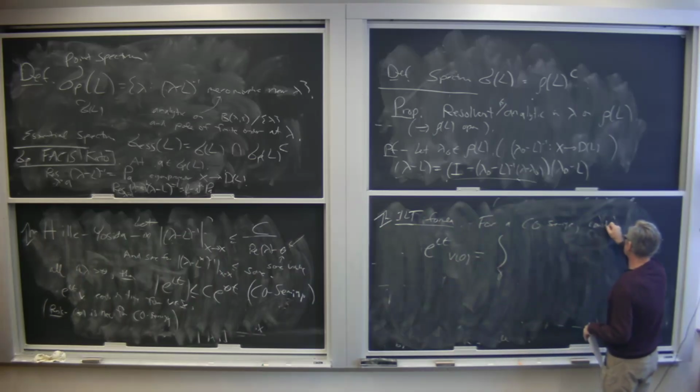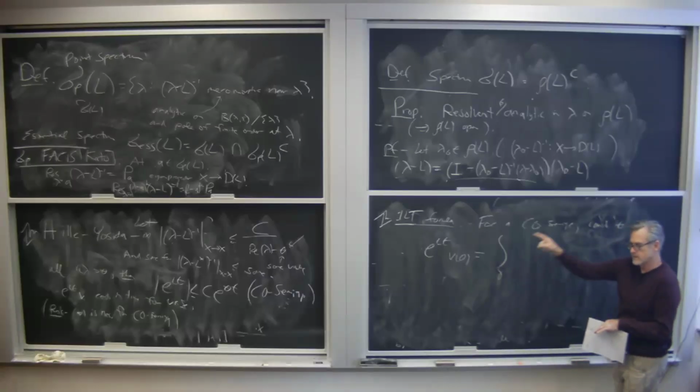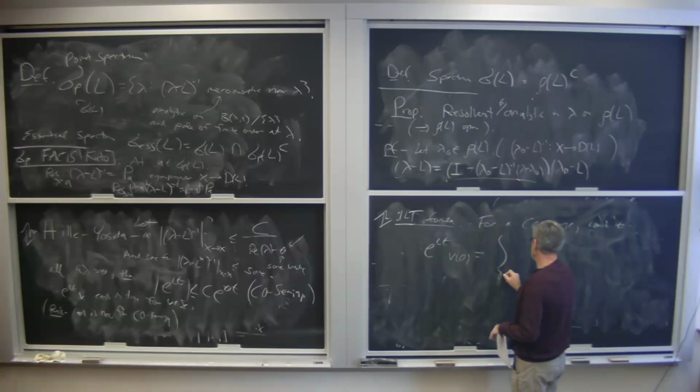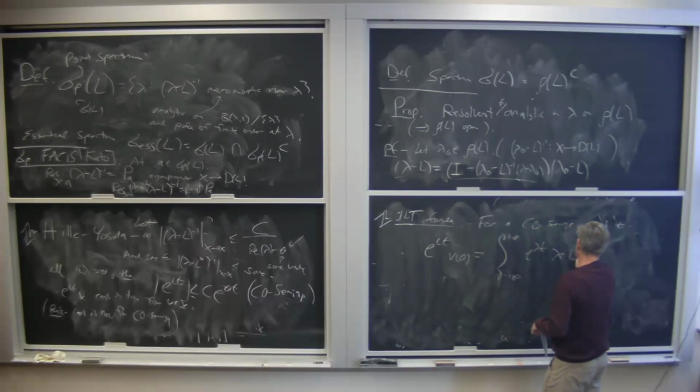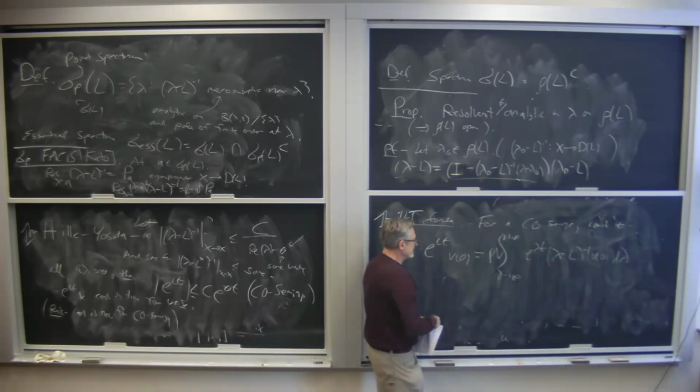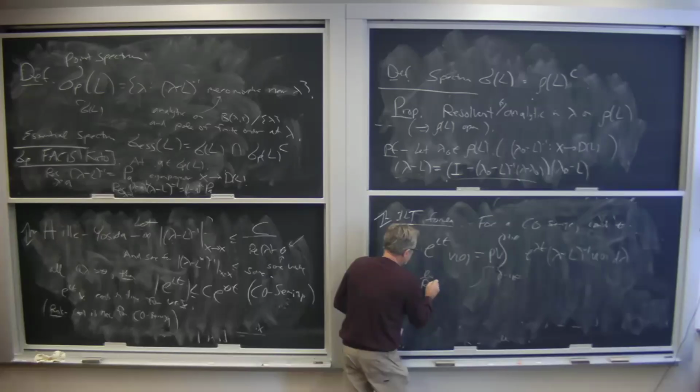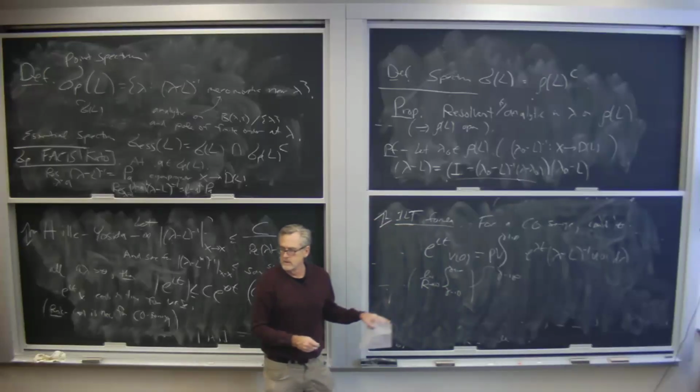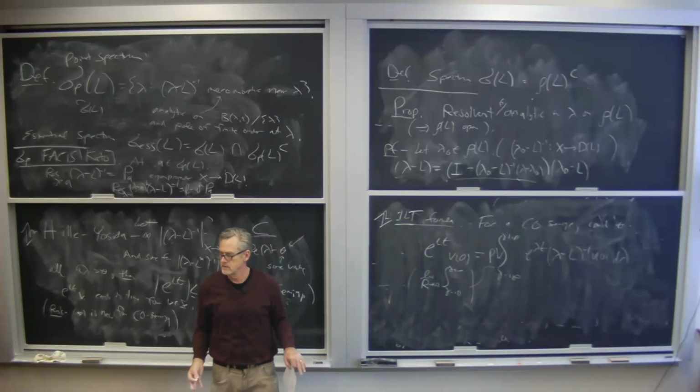So for a C0 semigroup with exponential growth theta, we will have the integral from gamma minus i infinity to gamma plus i infinity of e to the lambda t, (lambda minus L) inverse v of 0 d lambda. And this will be a principal value integral: it's the limit as r goes to infinity of the integral from gamma minus iR to gamma plus iR, exactly as in the finite dimensional case that we did in some detail.